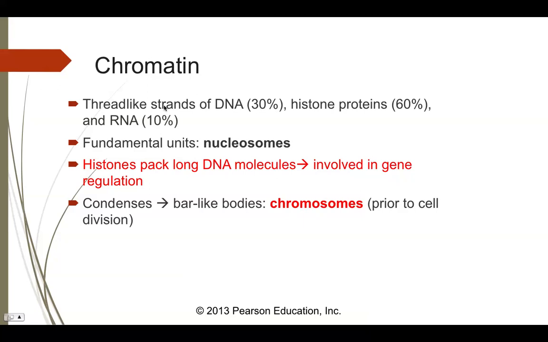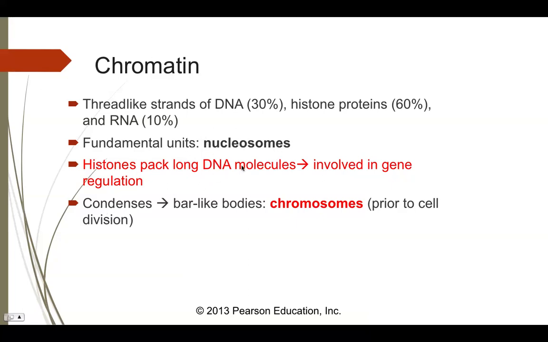These are thread-like strands of DNA, and this DNA is wrapped around histone proteins, which are like little spools. Just as you would organize thread around spools, the histone proteins are the way that we organize these threads of DNA. It also has some RNA on it too. The fundamental units are called nucleosomes.